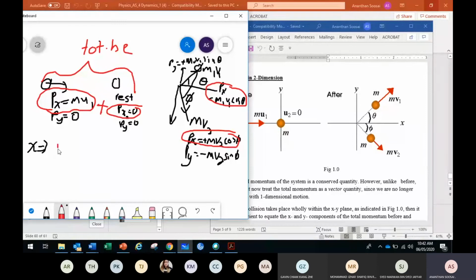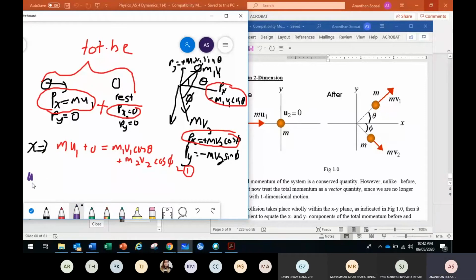So the equation is going to be m1 u1 plus 0, and the second one is 0, equals the total momentum after, m1 v1 cos theta plus m2 v2 cos psi. This is the first equation, from the x component.